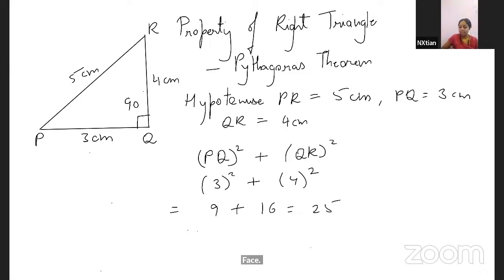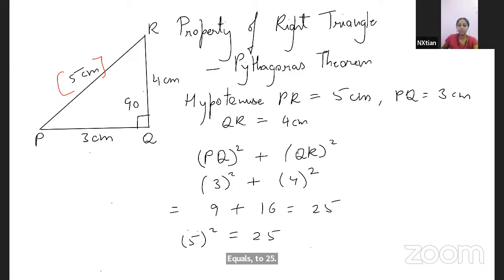25. Okay, now do the square of the hypotenuse, 5 centimeter. The square of 5 centimeter equals 25.